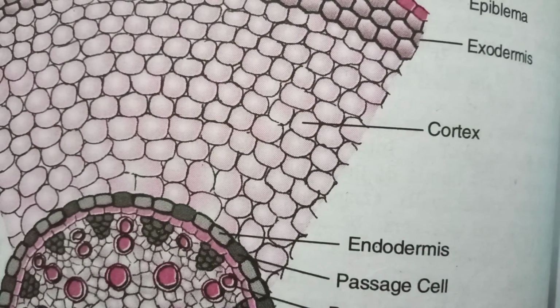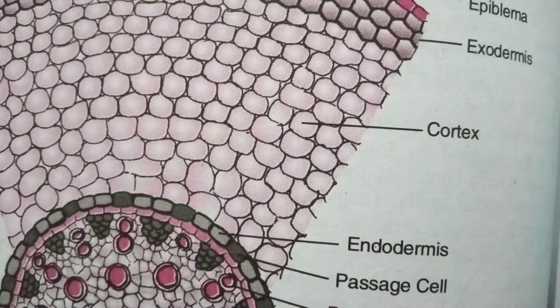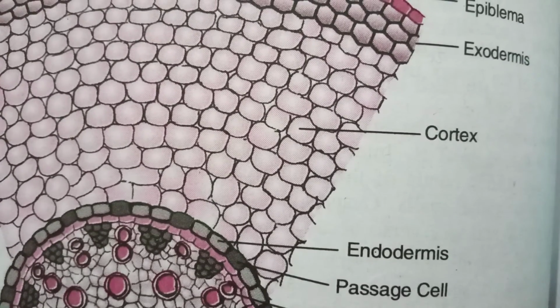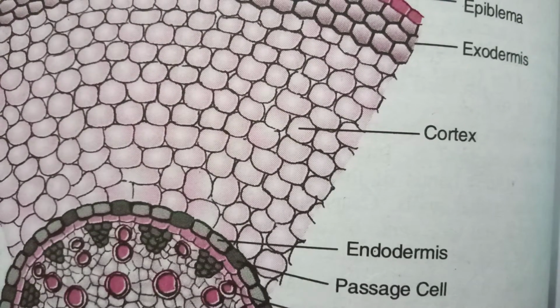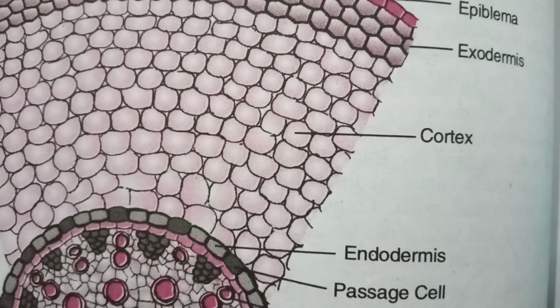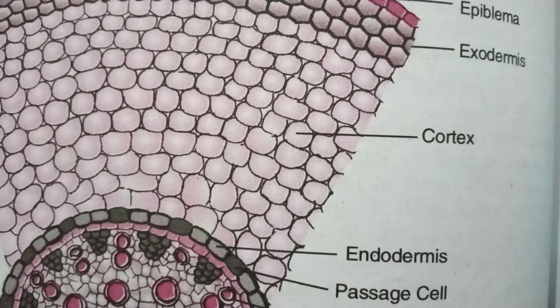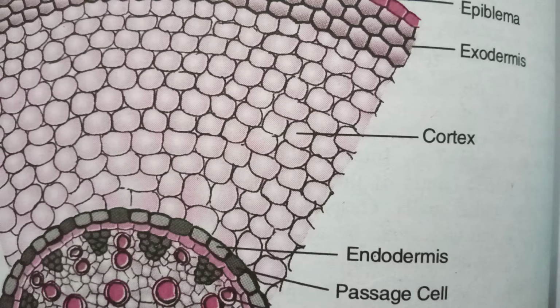It is made up of parenchyma cells. These cells help in providing mechanical support, formation of a protective covering, and radial conduction of water.